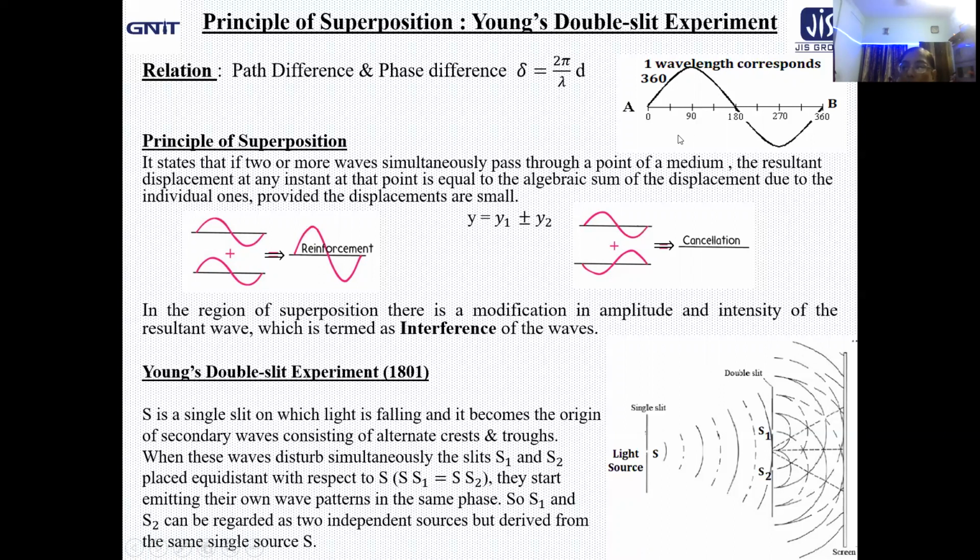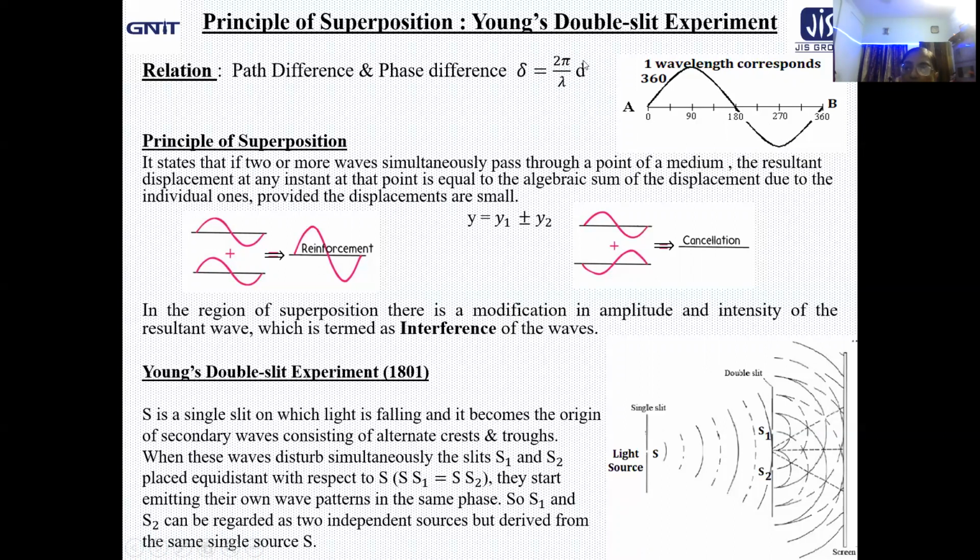Now, according to the definition of wavelength, it represents the distance between two consecutive crests or troughs. The separation between consecutive crests or troughs represents the wavelength. So basically this is one wavelength, which corresponds to phase difference 2 pi.